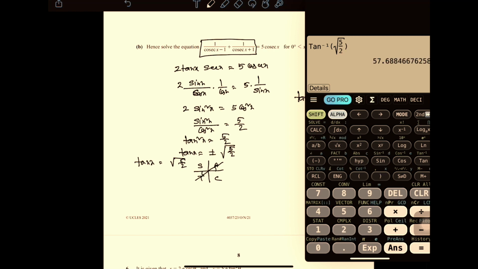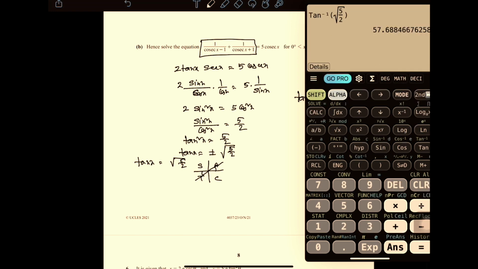You need to write the angle in one decimal place. So x equals 57.7, and if we add 180 to this reference angle, we have another angle, x equals 237.7 degrees.